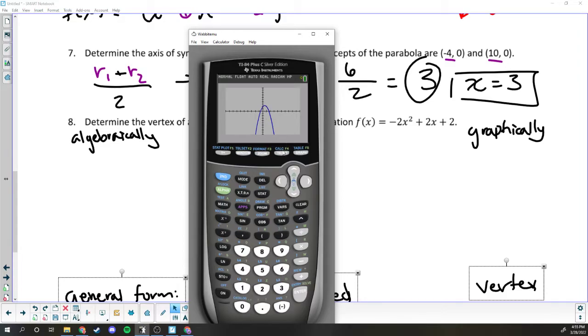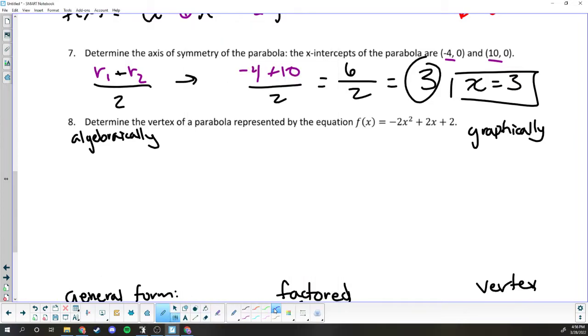Then we just need to find that maximum point. Second trace, maximum. Left bound, enter. Right bound, enter, enter. Looks to be about 0.4999. That's just 0.5, and then 2.5. So that's my answer: (0.5, 2.5). Here's a good tip.